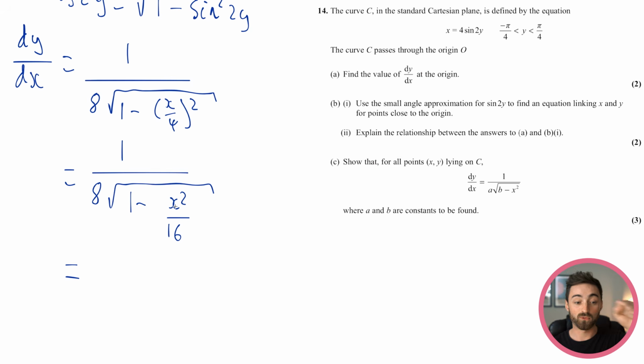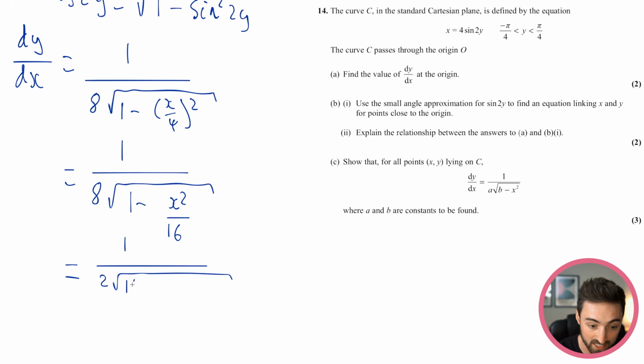So if I bring a 4 from outside the square root into the square root, it's going to turn into a 16. So 8 is 4 times 2. I'm going to split that up into 4 times 2, leaving me with just a 2 here. The 4 is going to go inside the square root and turn into a 16.